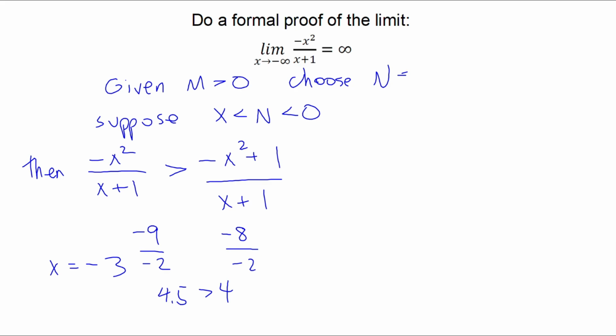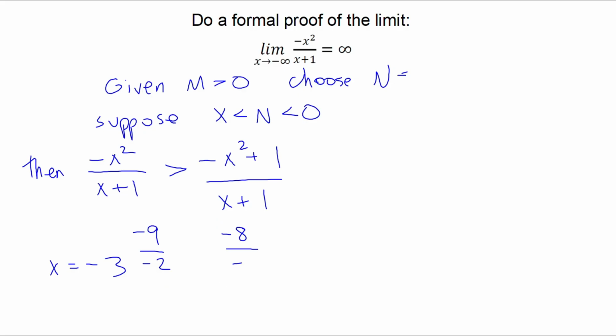So just adding something into that numerator ends up giving us something smaller, which is a little counterintuitive. It makes this negative number closer to 0, but when I divide it by the negative, it actually makes it a smaller number.